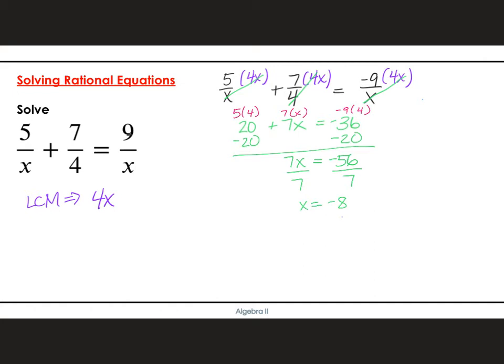Is negative 8 one of my excluded values? No. So then I need to lastly check. So I have 5 over negative 8 plus 7 over 4 is equal to negative 9 over negative 8.